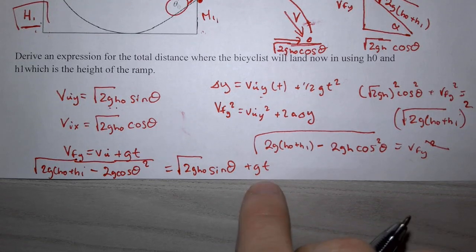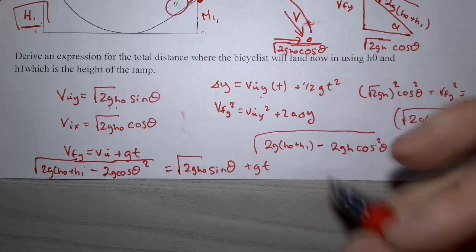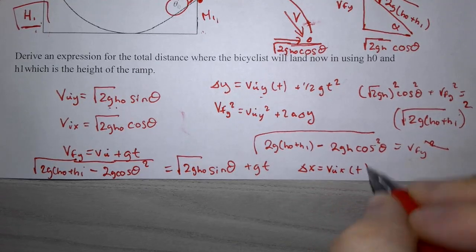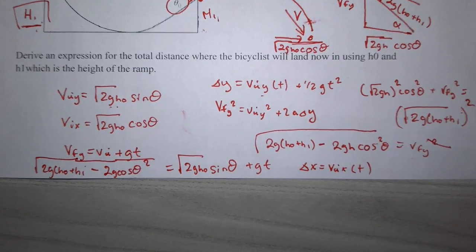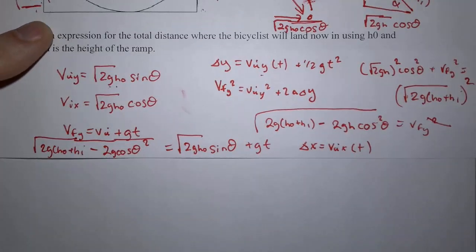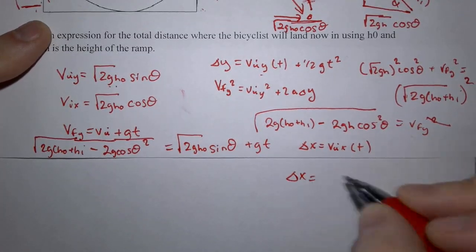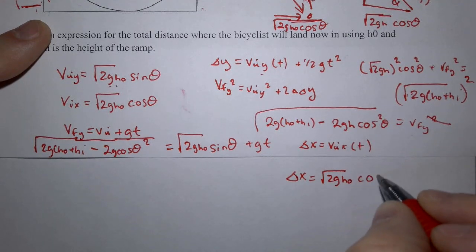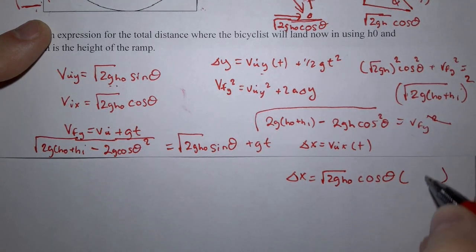After we get time, remember that our final answer for delta x would equal v_i for x times time. So if that's the case, our v_i for x is the square root of 2g h naught cosine theta, and then we would multiply by time.